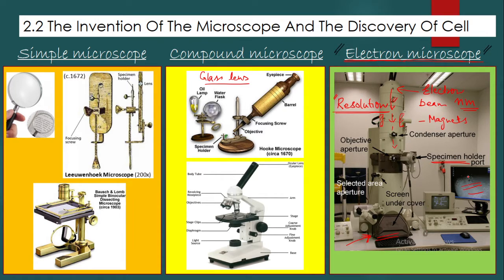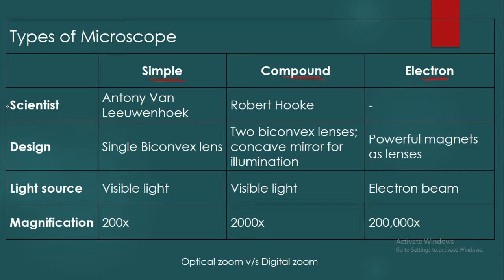So if we compare all three based upon different criteria, the simple microscope, compound microscope and electron microscope, in a table form you can compare who invented it, what was the different design, what is the light source, and how much magnification we are getting.